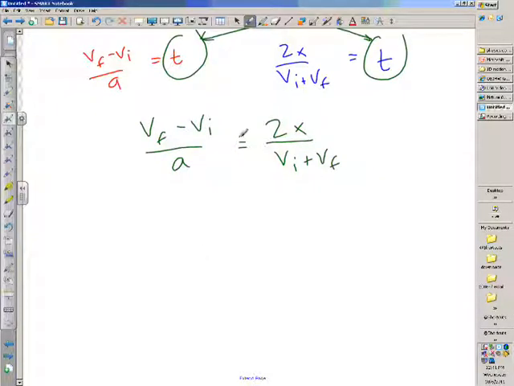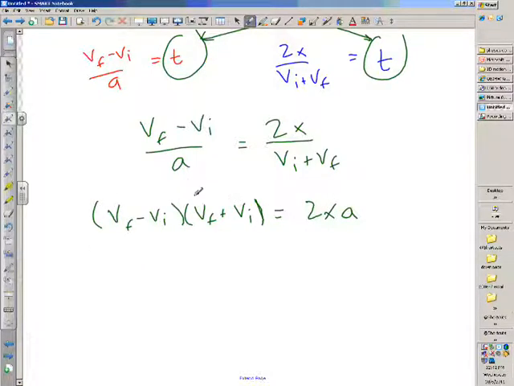Okay? First, I'm just going to cross multiply. So VF minus VI times VF plus VI. Yes, I switched the order here, but it's addition. I can do that within the parentheses. And then 2x times A. Okay. Here, do a little FOIL, right?